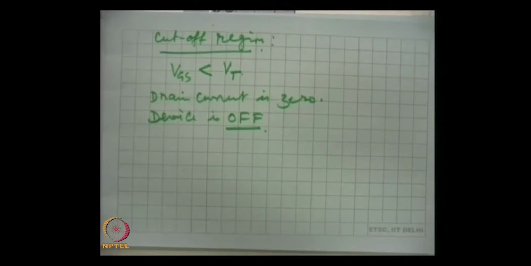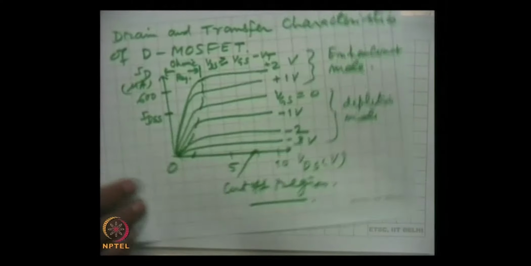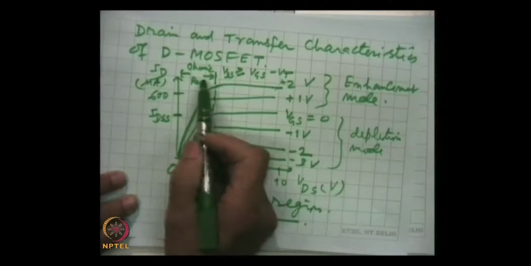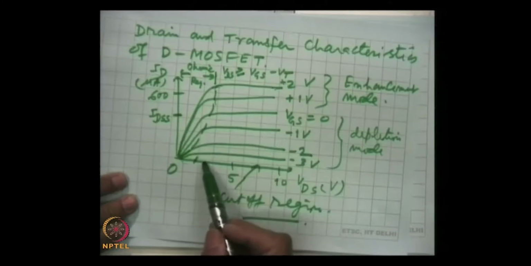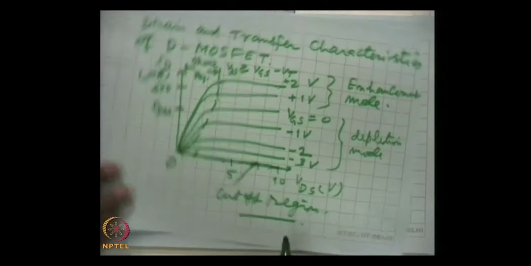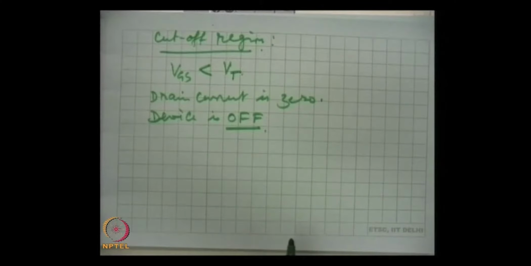These are the three regions of the drain characteristics of the depletion MOSFET. These were the characteristics: ohmic region, saturation region, and this region is cutoff region where the device is off.